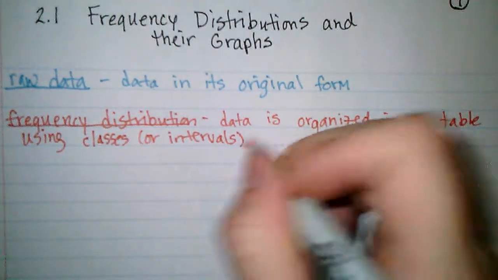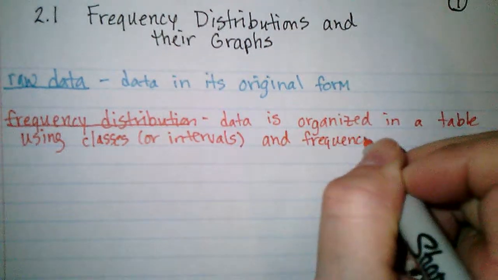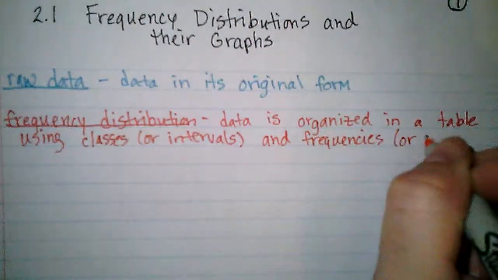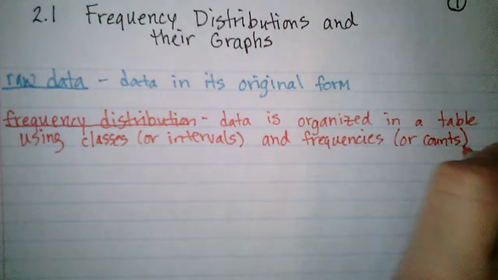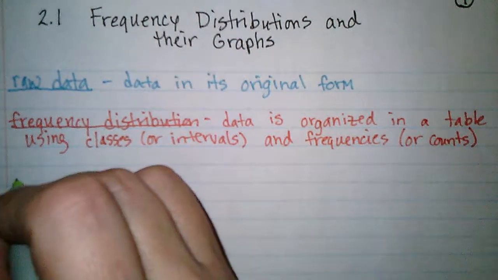More on those later. And frequencies, which we also call counts. So we take that raw data and we start to put it together in a way that an outside observer could look at it and start to make some conclusions.